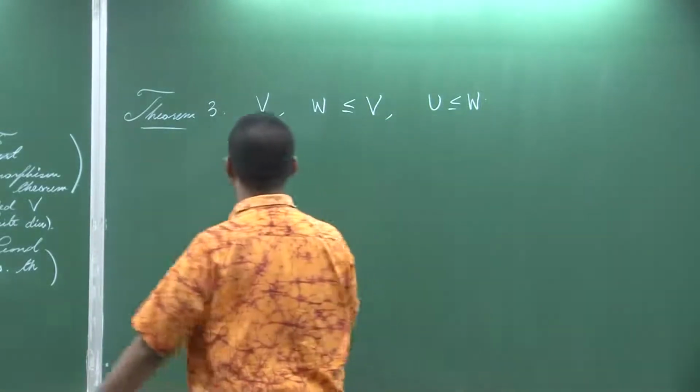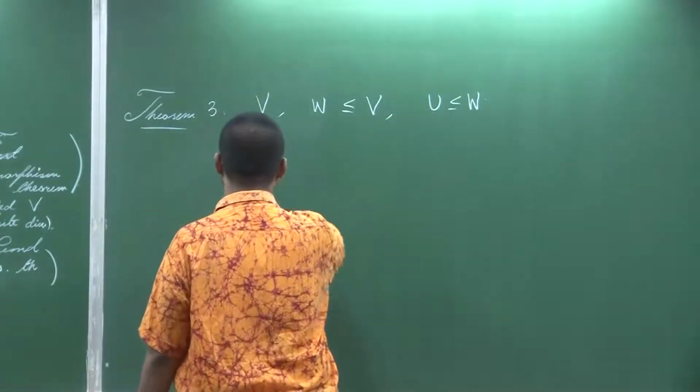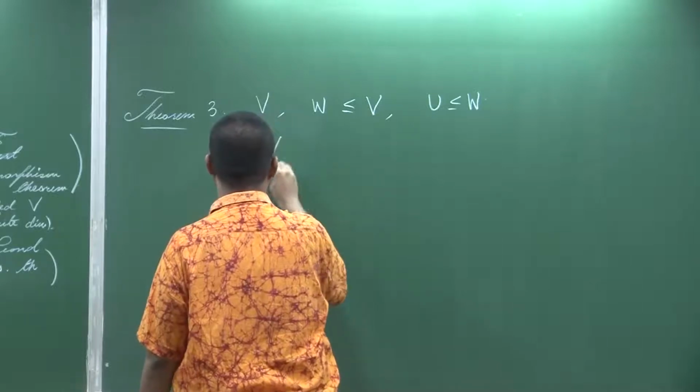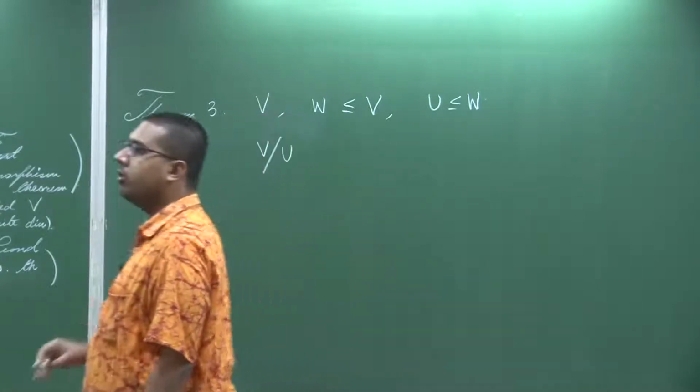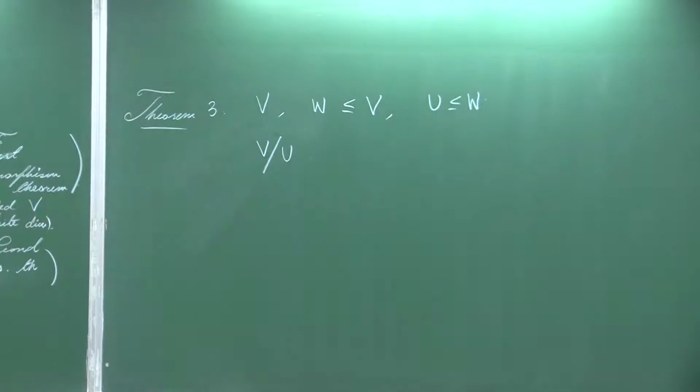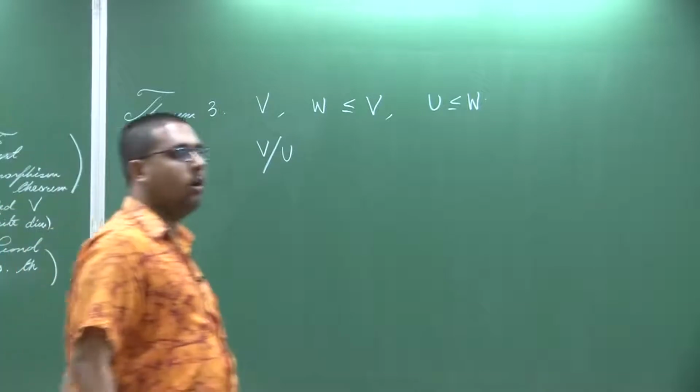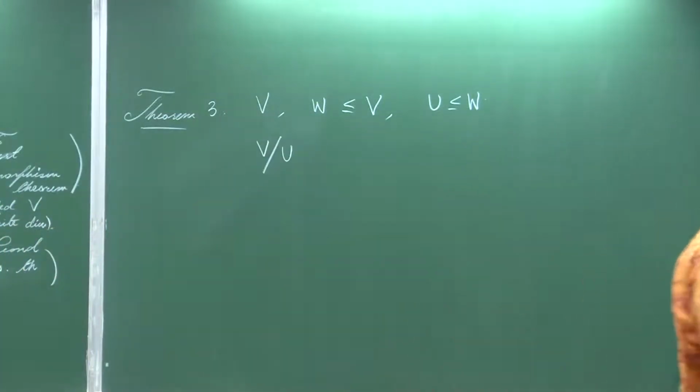Now, you can consider quotients in two ways. You can directly consider V modulo U. Remember how we perceive the set of cosets: in V modulo U, the elements of U are now equated to the zero vector.